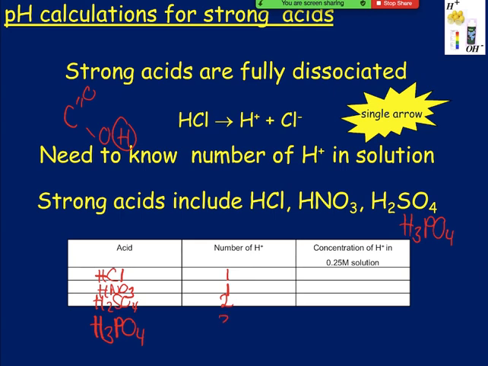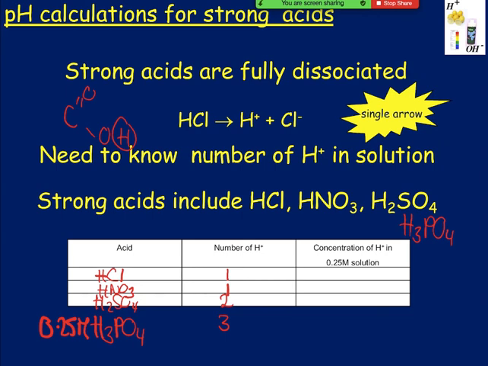Okay, so you remember when we do stoichiometry there's an occasional weird question where they give us a concentration. We'll start at the bottom with H3PO4. If the H3PO4 concentration is 0.25 molar, how do I work out the concentration of hydrogen ions?